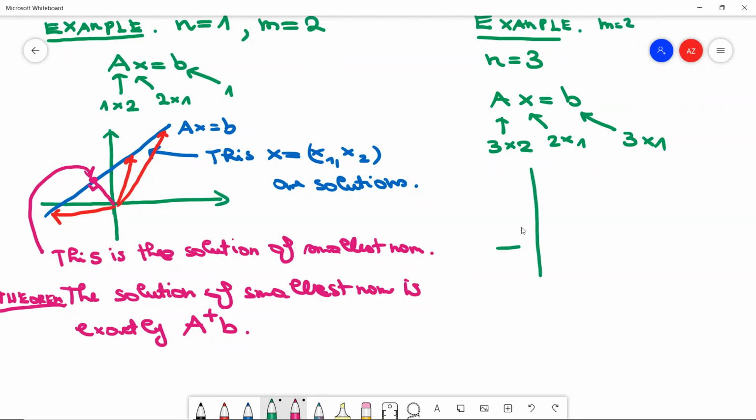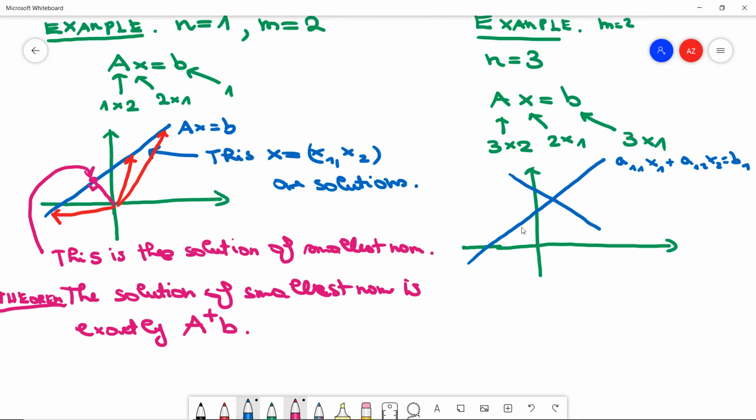So geometrically, each row represents one affine linear function. So we have, let's say, the first row, this is A11 x1 plus A12 x2 is B1. And then the second row, A21 x1 plus A22 x2 is B2.